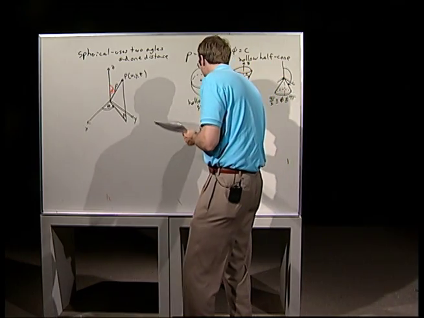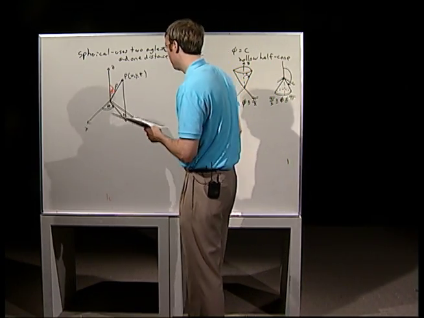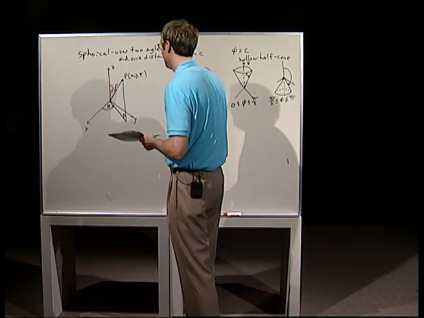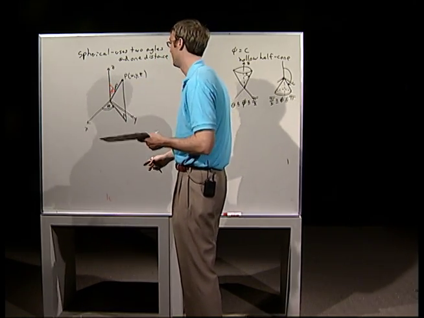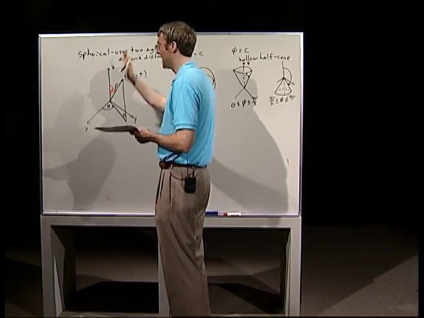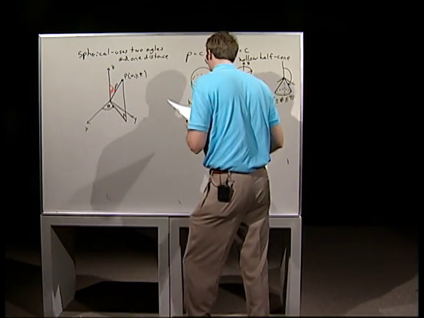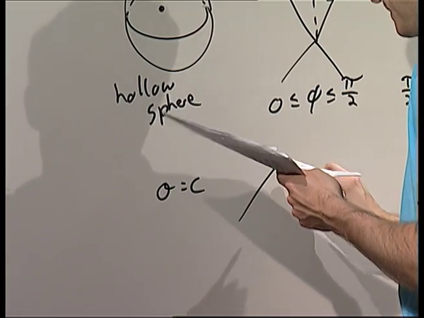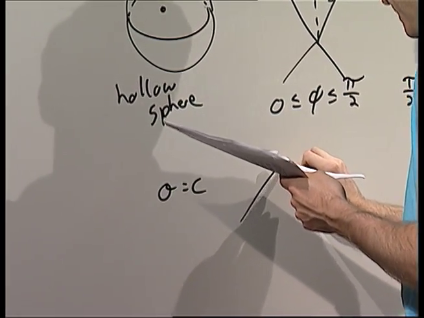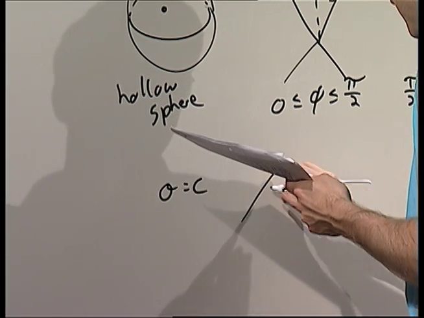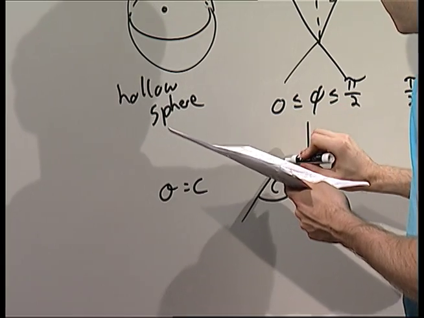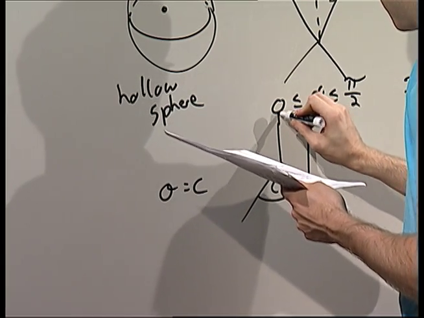And if theta is equal to c, it's all the points that have angle theta in the xy plane. Well, that produces a vertical half plane, right? In other words, this entire plane extends up forever and ever. So there's x and y. Maybe here's a point, maybe that's angle c, and then this thing goes up forever and ever.